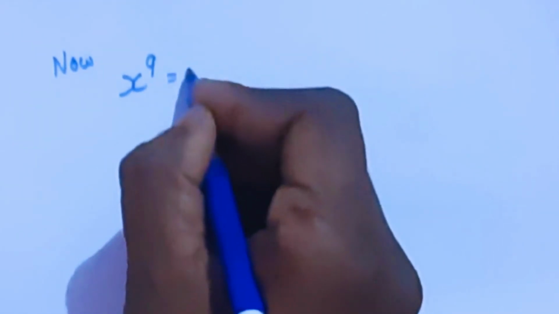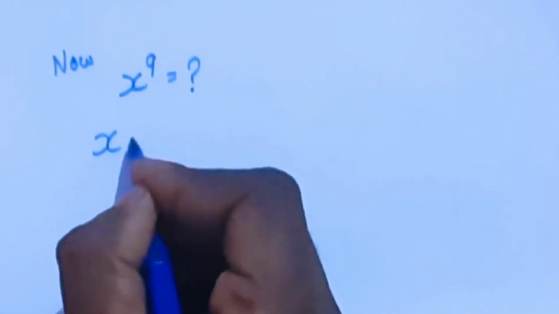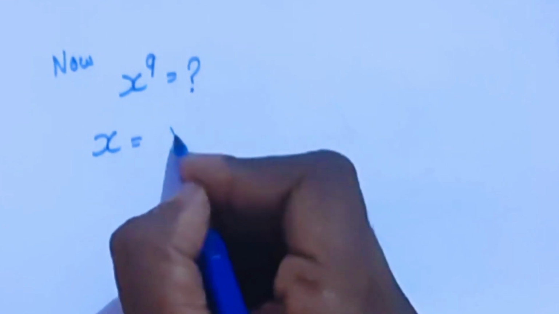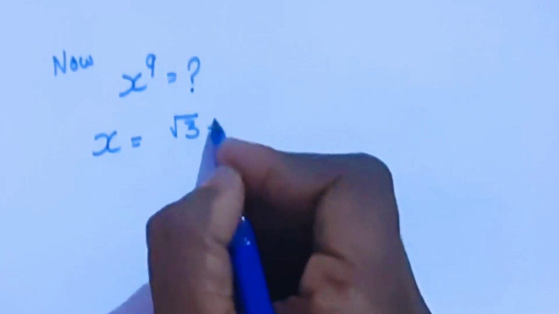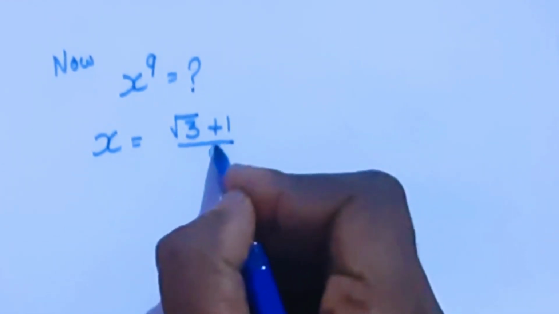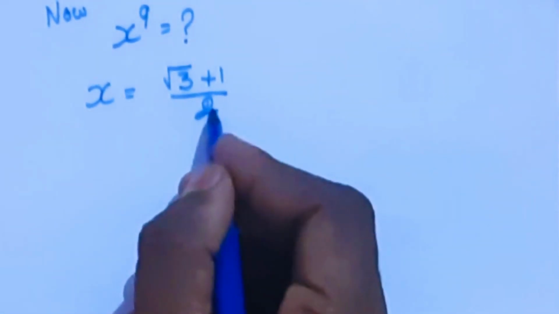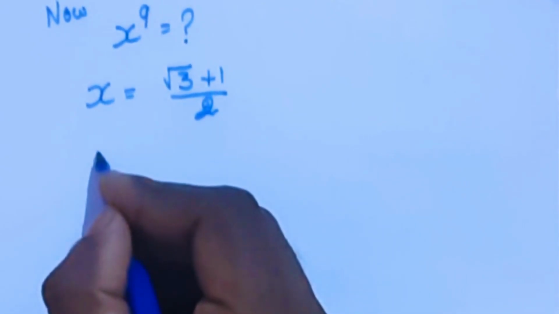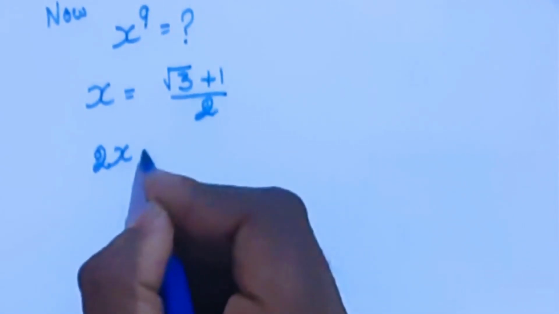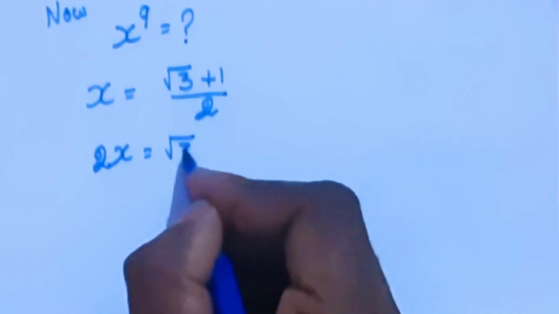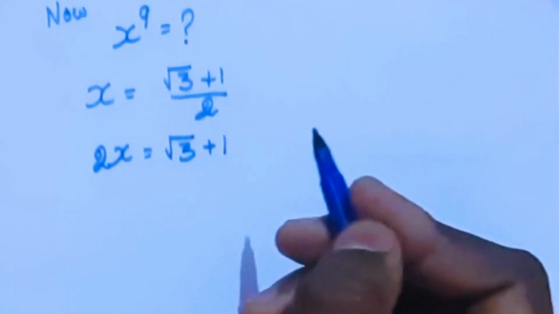Now we have to find x to the power of 9, what is the answer? x = (√3 + 1)/2. Now moving this 2 to the left hand side, so 2x = √3 + 1.